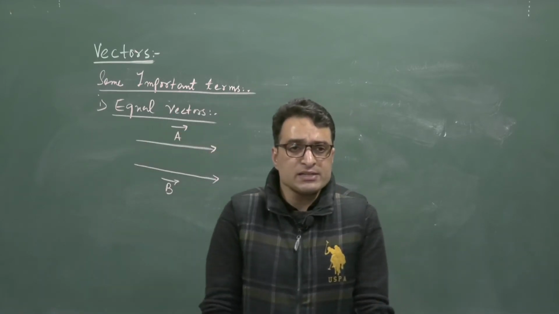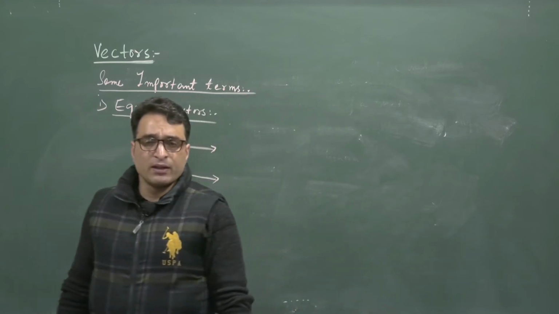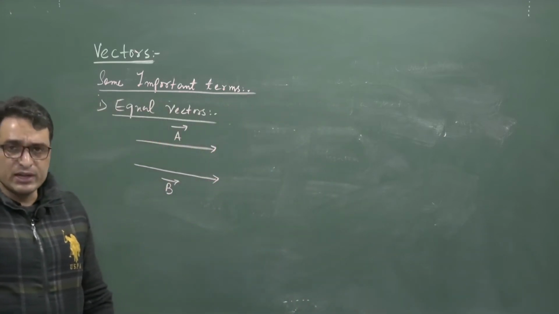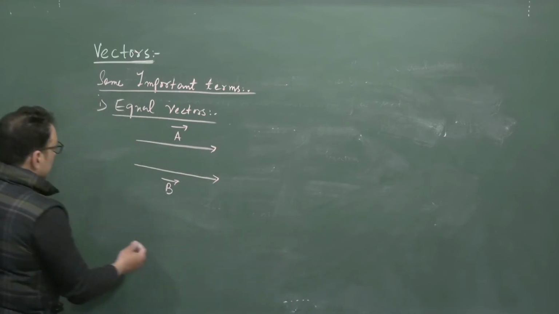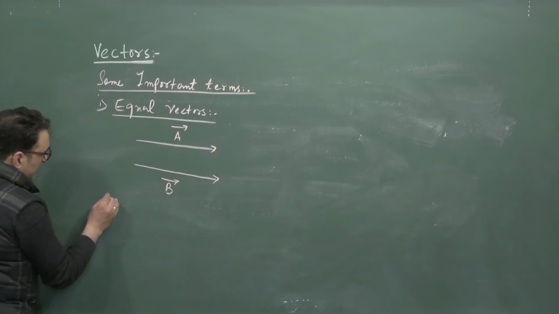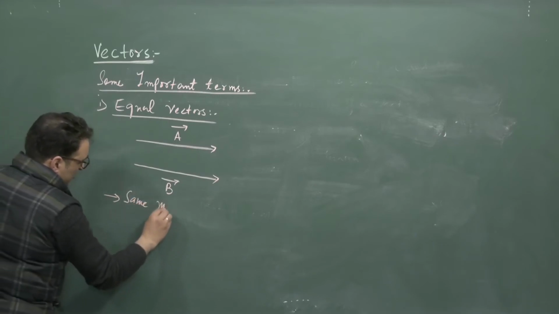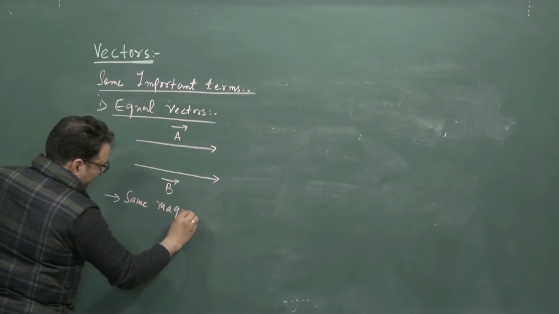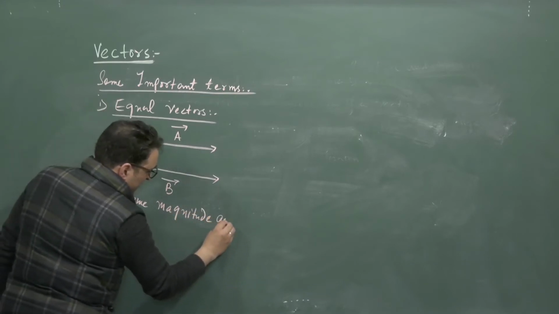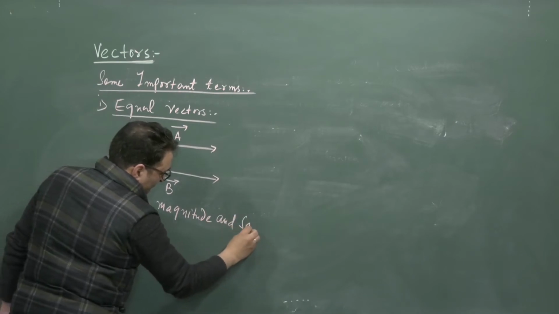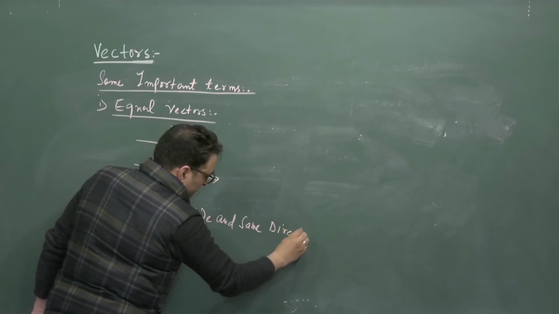Now, two vectors are said to be equal if they have same magnitude and have the same direction. Same magnitude and same direction.